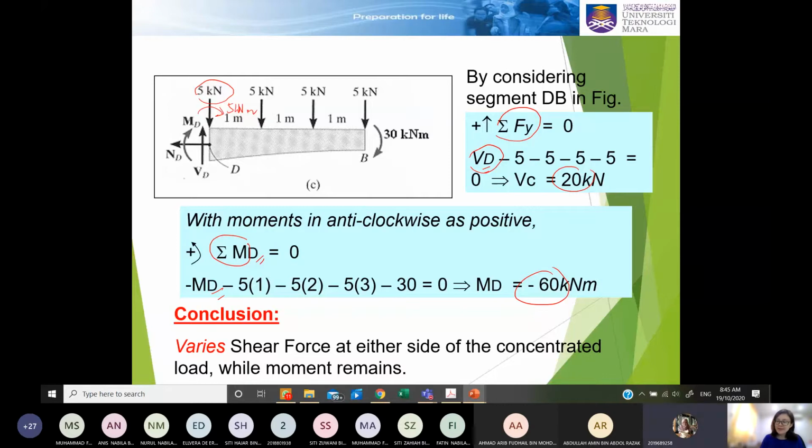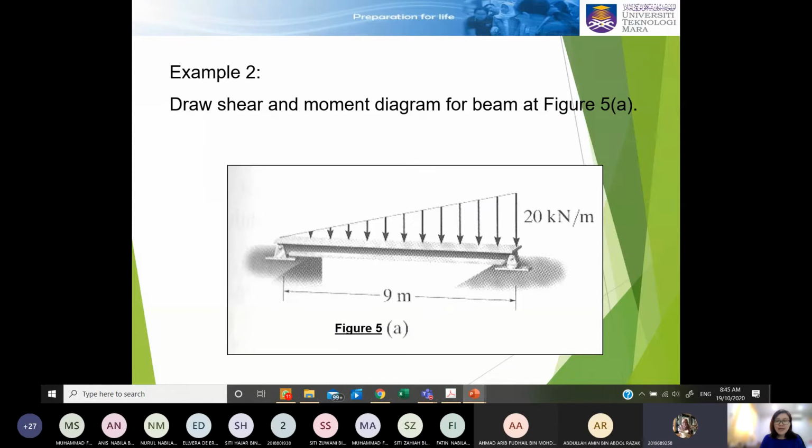Okay, thank you, madam. So next, I would like to show this triangular loading. Let's try to draw this shear and bending moment diagram. There are several ways to draw this diagram. We can use the shear and bending moment equations.